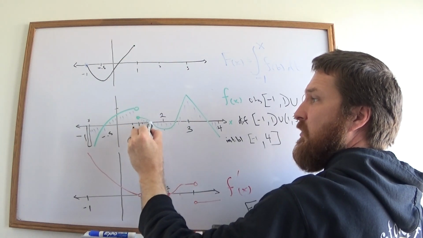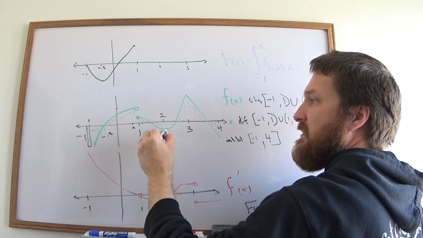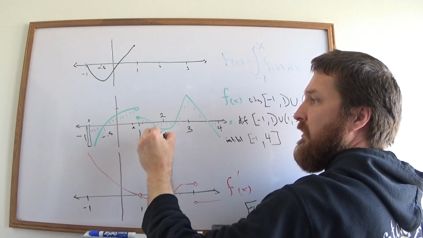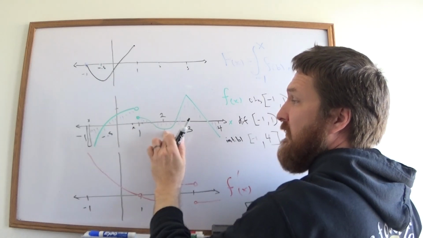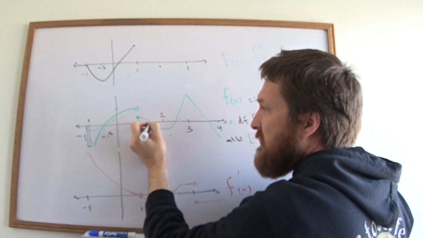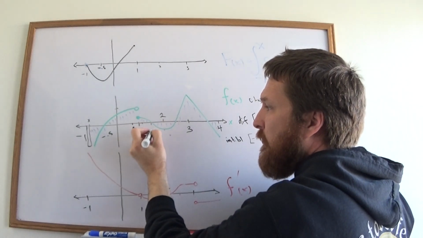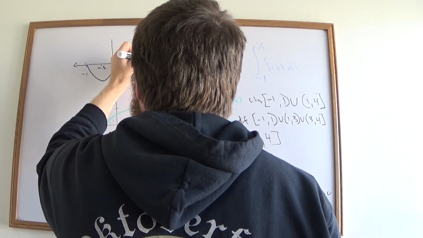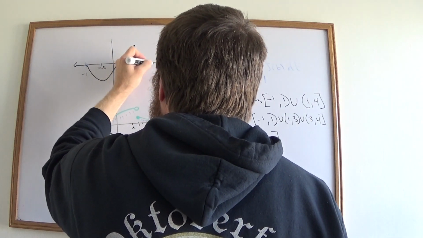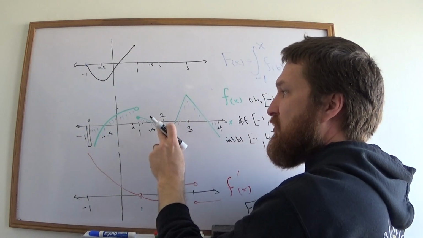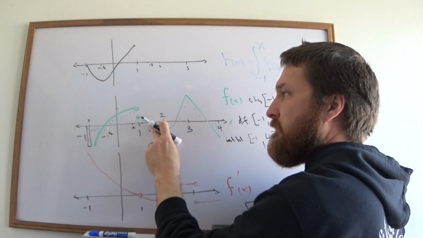The slope is still some positive number, but just not quite as positive. And then it's getting smaller and smaller until we get to, let's call this 1.5, where the slope is 0.